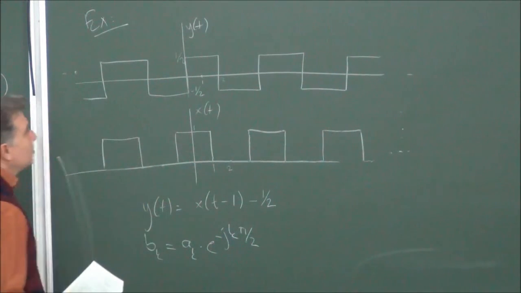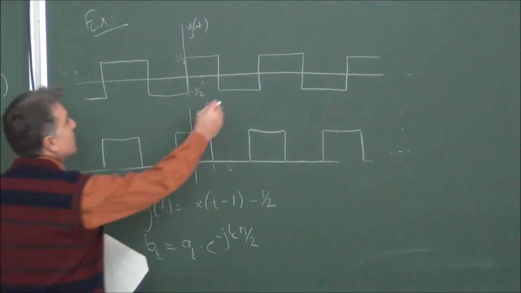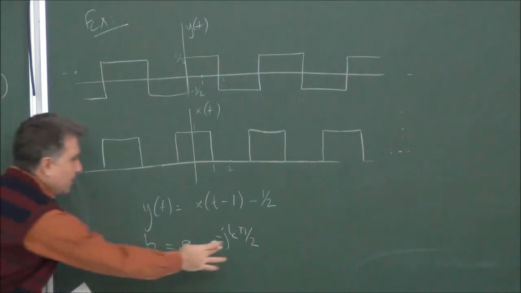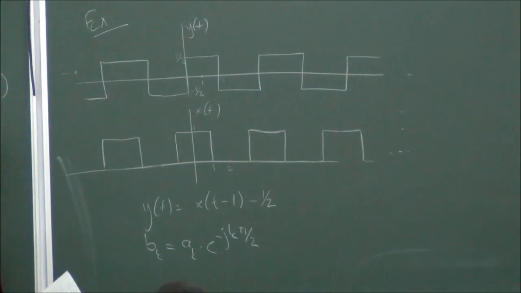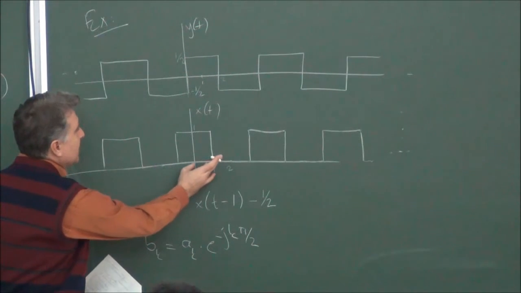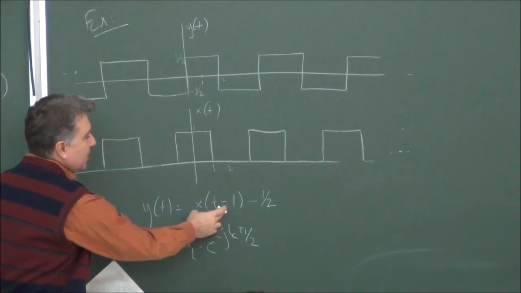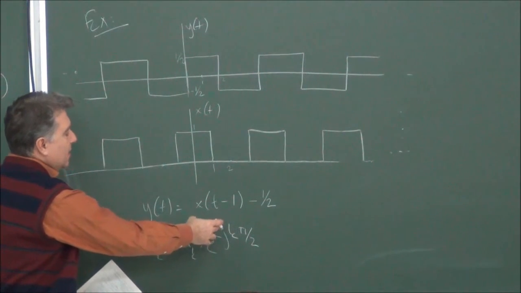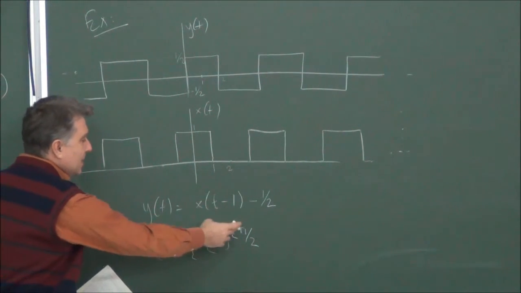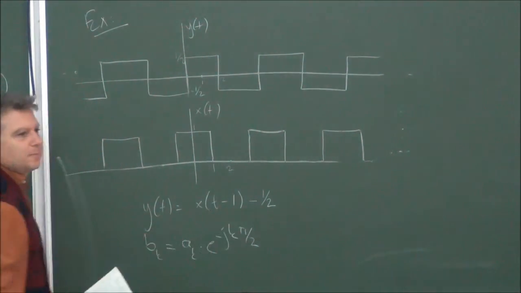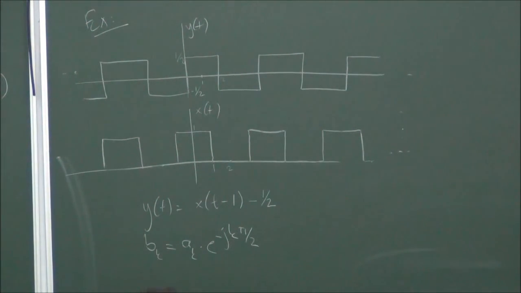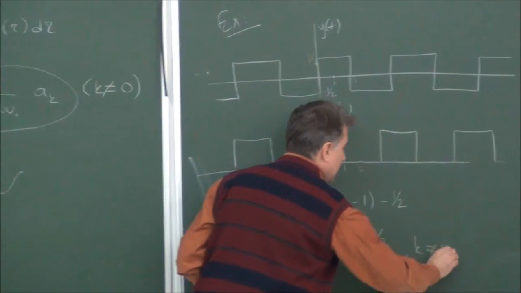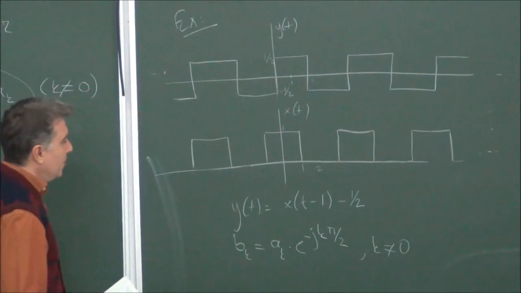When you substitute the period equals 4, omega 0 will become 2 pi over 4, which is pi over 2. And t0, the amount of shift, is equal to 1 from here. Therefore, we have e to the minus j k times omega 0, which is pi over 2, times 1. And this is the formula that we get, except, of course, k different than 0.